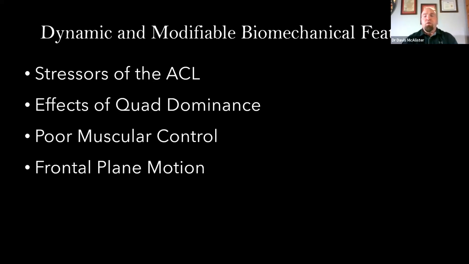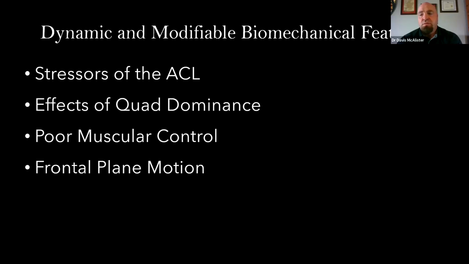So, your dynamic and modifiable biomechanical features. You have your main stressors of the ACL. Again, we're talking about dynamic loading and the amount of stress and forces that are generated through the knee. And so proper knee alignment during movements is extremely important.